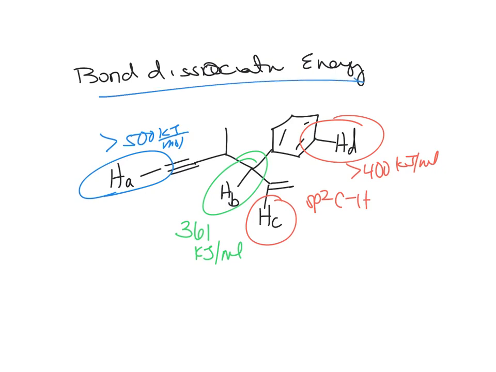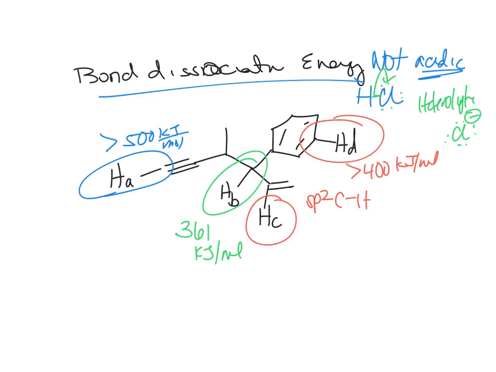Bond dissociation energy is not acidic, okay? When you have something like an acid, HCl, what's happening for the hydrogen with the acid is you get heterolytic cleavage. The Cl takes the electrons, and that generates this H proton. And so you've seen acid is H+. This is homolytic cleavage.